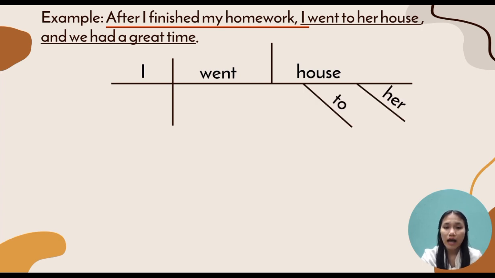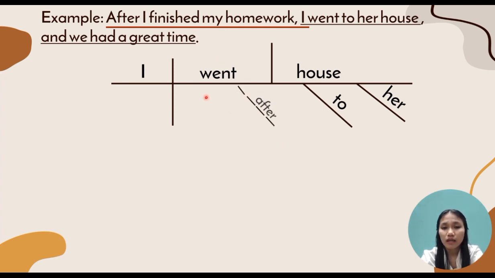So next, we are going to write our dependent clause, which is "after I finished my homework." After is our subordinating conjunction. That is why it should be written here below our subject using a broken line.